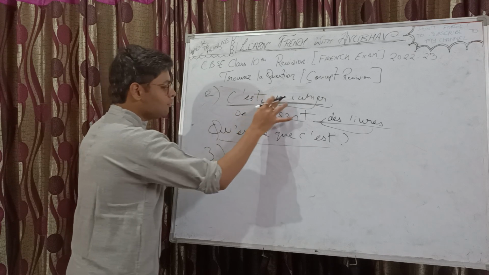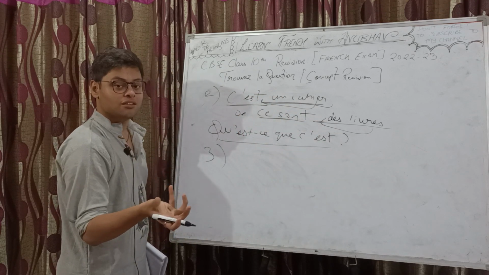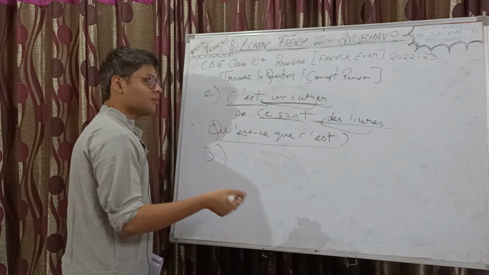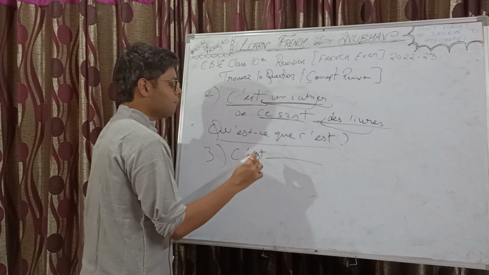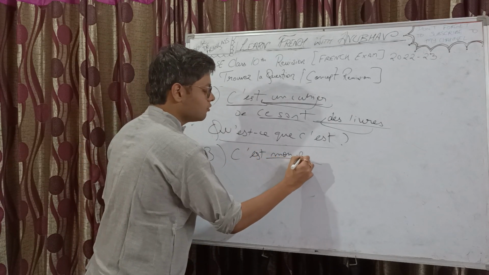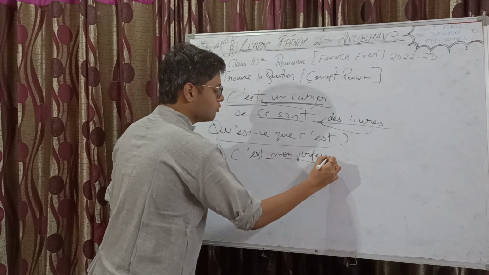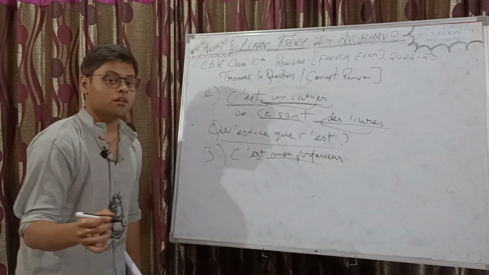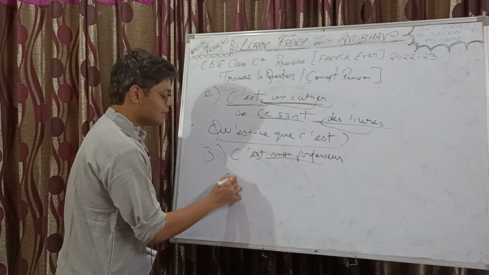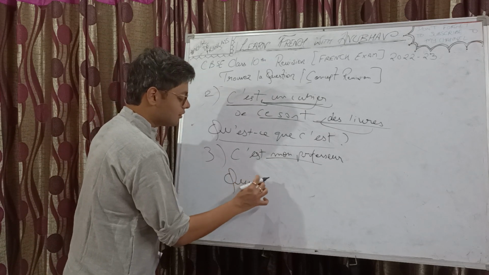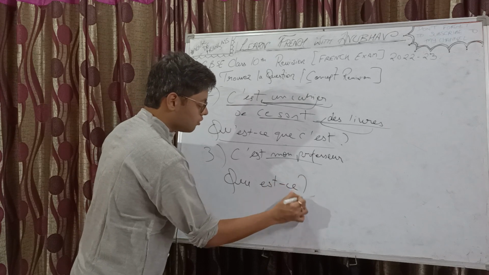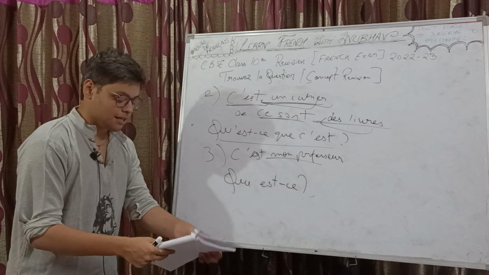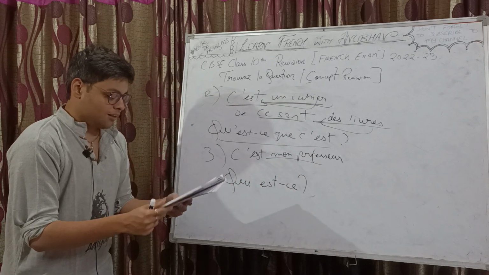What if in place of an object there was a person? What will you do then? C'est dash. For example, c'est mon professeur. What are you going to do then? You are going to ask in this way. Qui est-ce? Who is this?